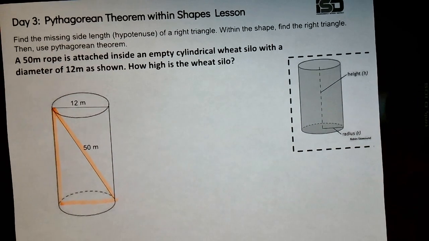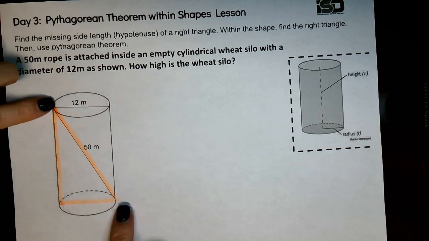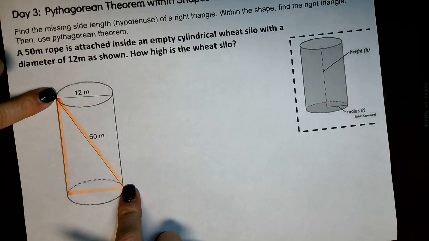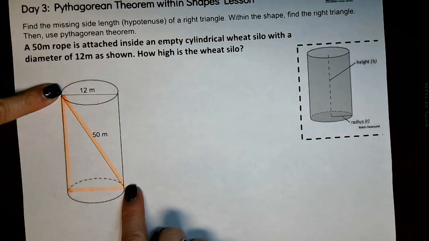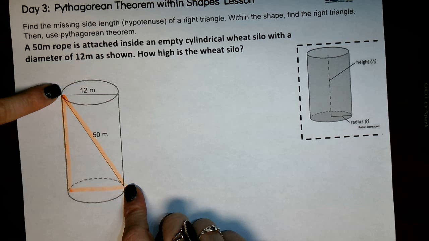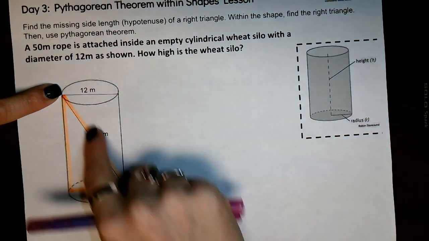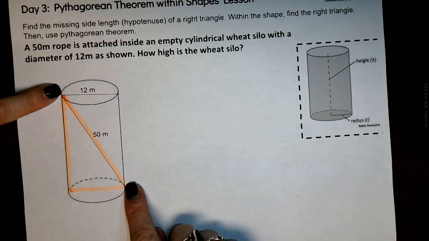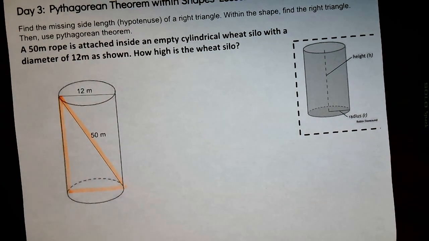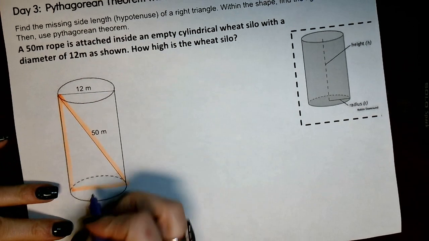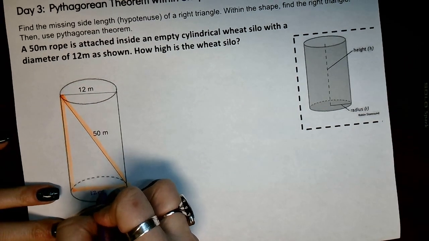I know that the rope, which goes from here to here within the silo, goes from one edge to the opposite. This right here is a measure of 50 meters. This diameter is 12, so right here is equal to down here, which is 12 meters.